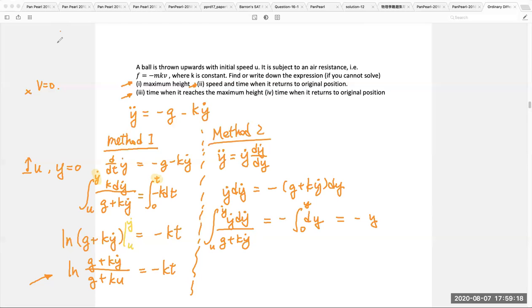Maybe let me simplify the case. So let's say if you know how to solve this integral. Maybe let me put all those variables here. Okay, know how to solve this one.